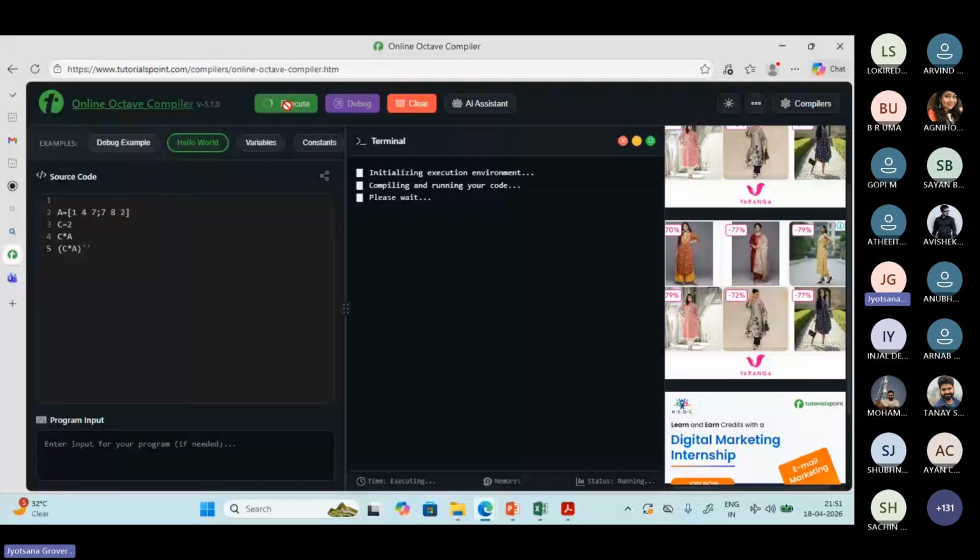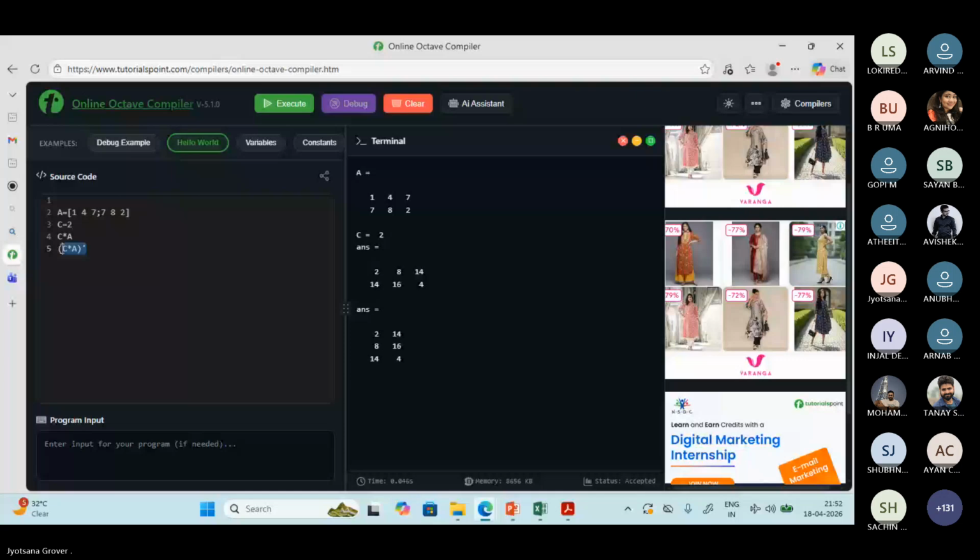A is this. Multiply C with A, you just multiply every entry of A with the scalar C. That is 2. So 2, 8, 14, 14, 16, 4. And then you have to take its transpose as per this. So what do you get? First row will become the first column, 2, 8, 14.